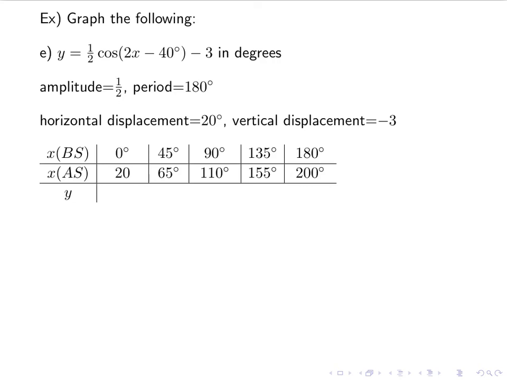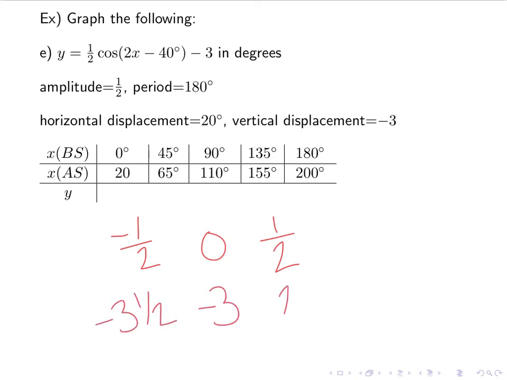For my y's, I have the fact that my minimum was -1/2, my 0 was 0, my maximum was +1/2, and then I'm going to subtract 3 from each of them. So my new minimum is -3.5, my new 0 is -3, and my new maximum is -2.5.